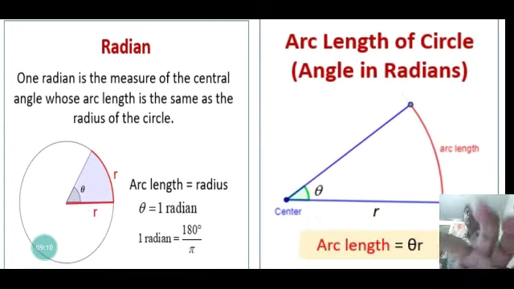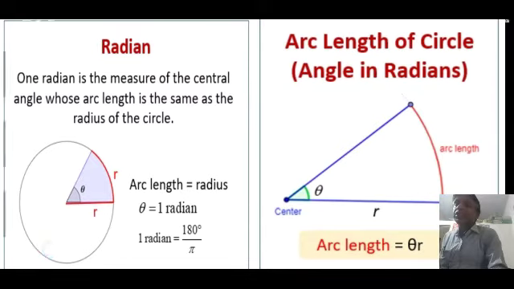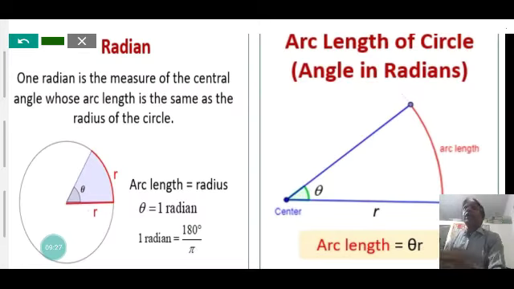Next slide. To understand uniform circular motion more clearly, we should consider the radian. What is the meaning of radian? Radian is a system of angle measure. We know that there are three types of measure of angles.